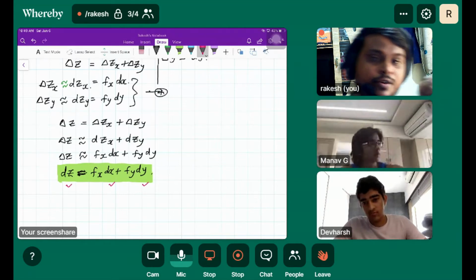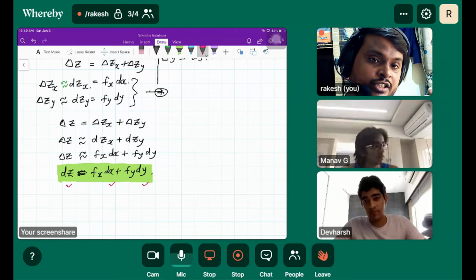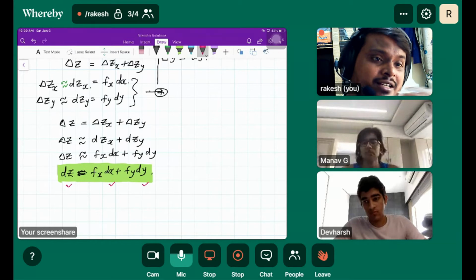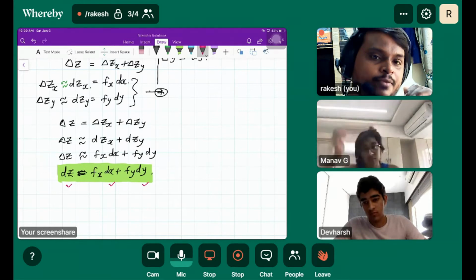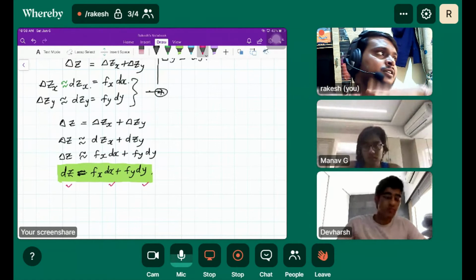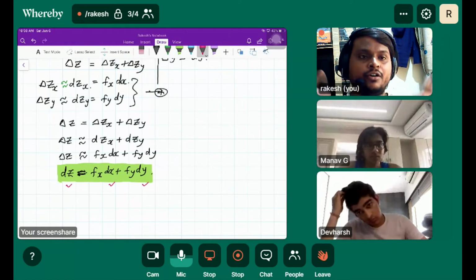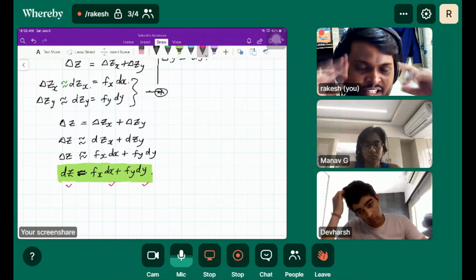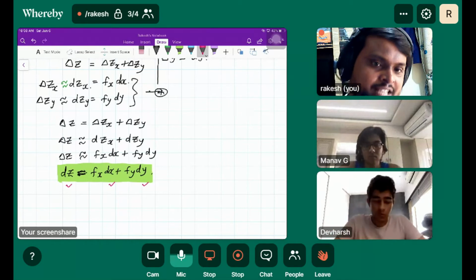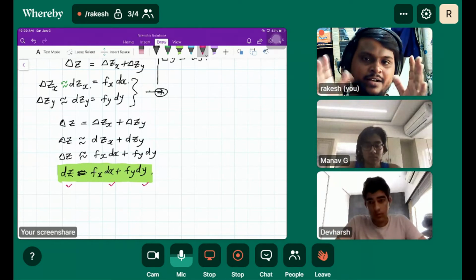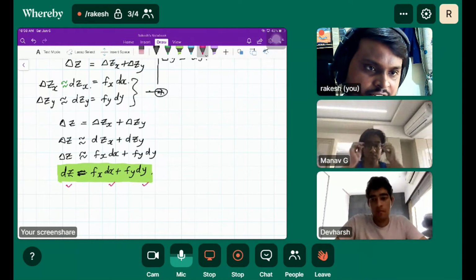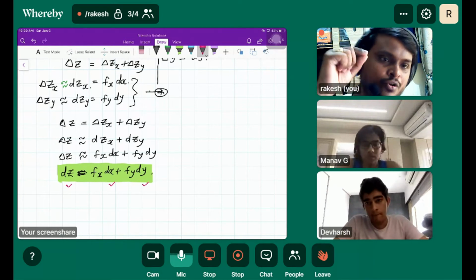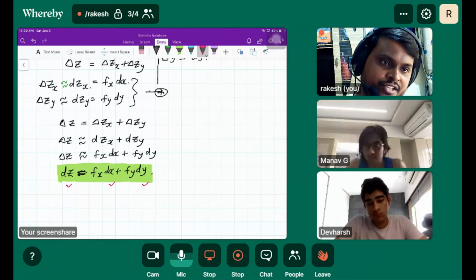So engineers have to compensate the error. Suppose an engineer is making a building or a bridge, and in the engineer's mind, that much load is going to come on this bridge, so that load must be borne by the bridge.